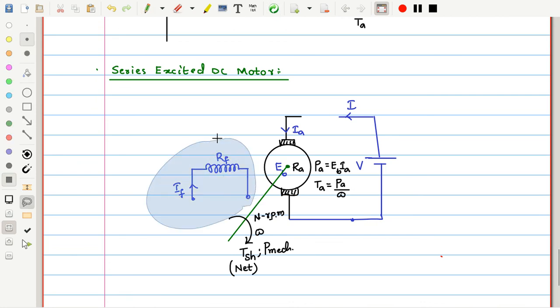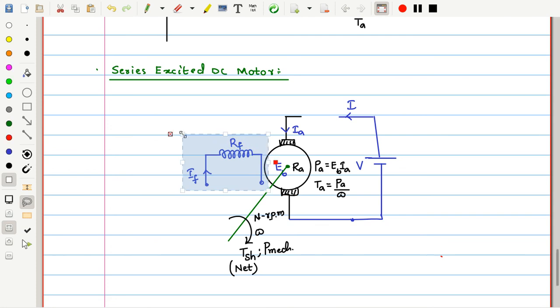Let me take this entire field winding, make it a little smaller, bring it here and connect it over here. Let me remove this field current also. The direction should be in the direction of the current. This is the field current IF, and it is now connected in series with the armature.